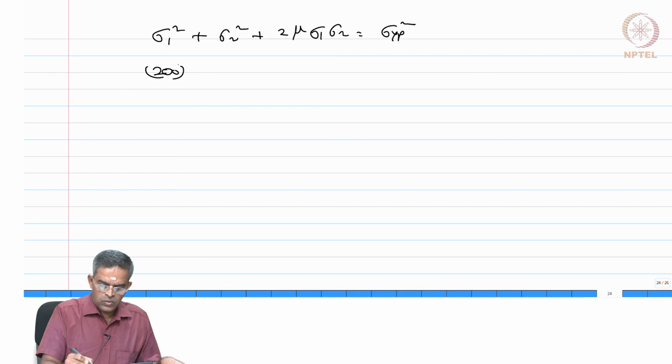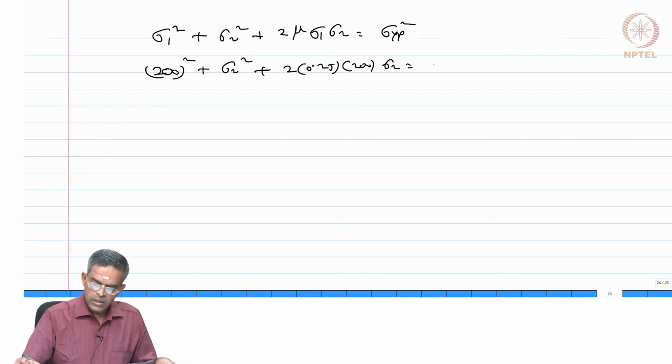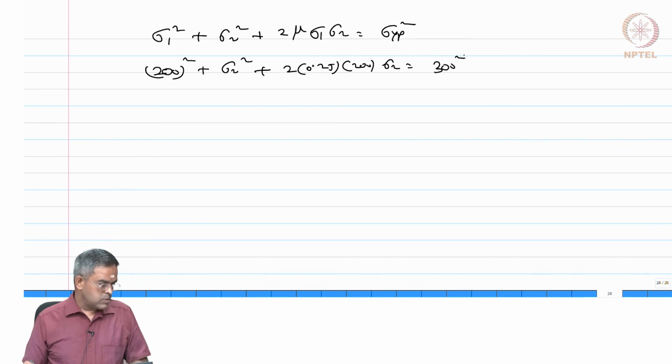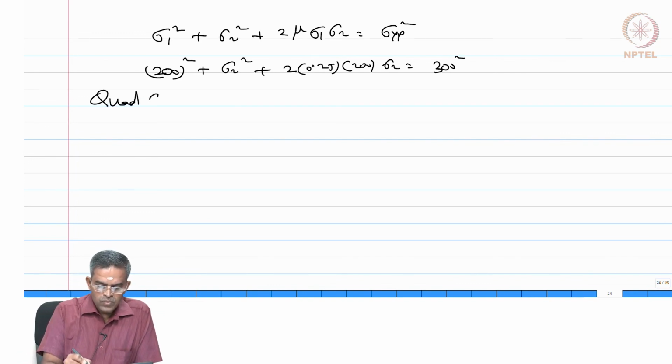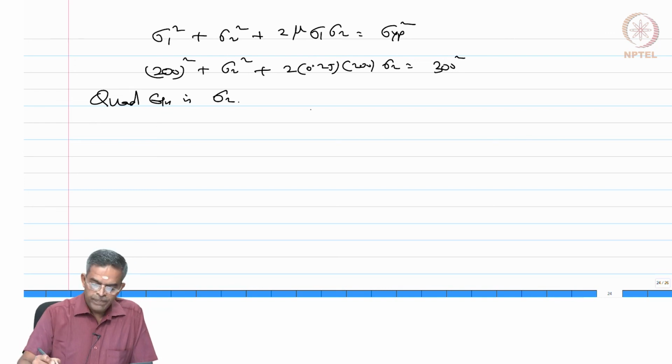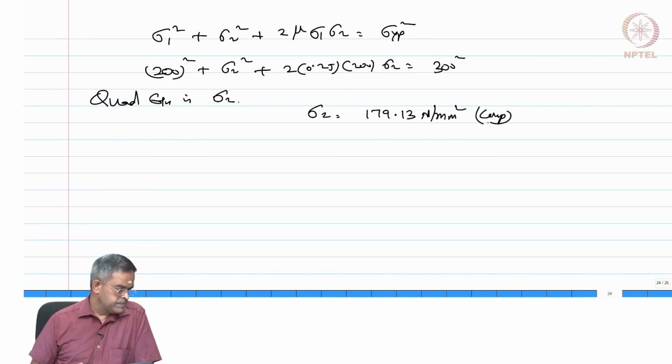So, 200 square plus sigma 2 square plus 2 of 0.25 of 200 of sigma 2 is 300 square. So, this becomes a quadratic in sigma 2. You can solve this quadratic and you find sigma 2 as 179.13 Newton per mm square compressive.